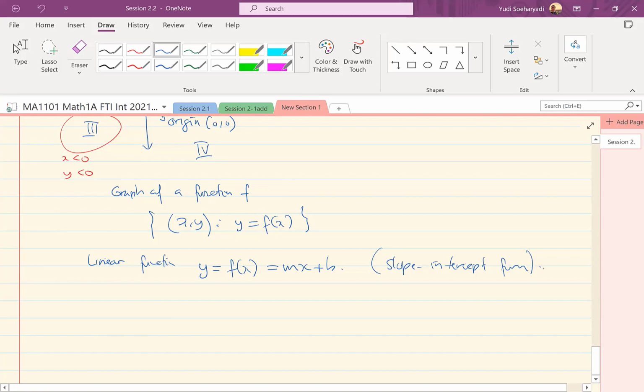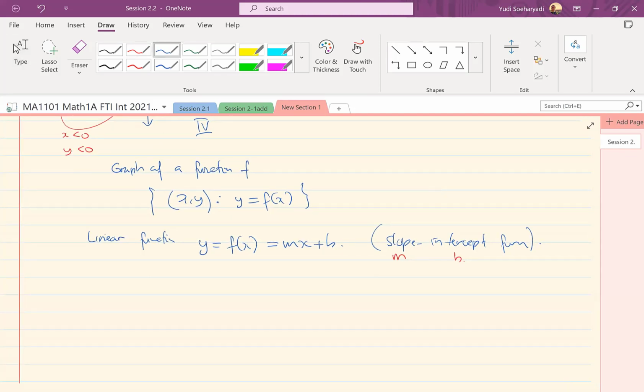Slope is m. The intercept is b. Why is b the intercept? Oh, we'll see that in a moment.